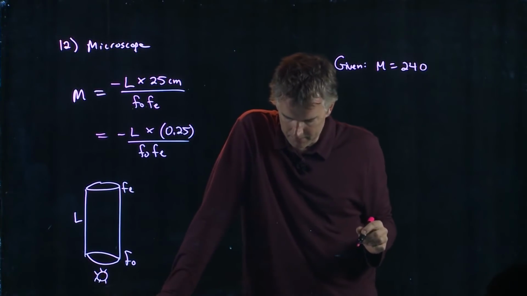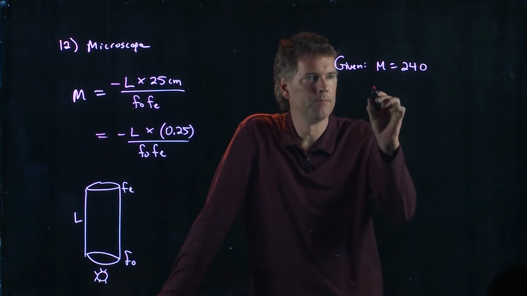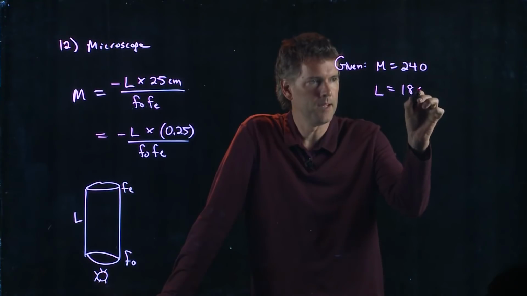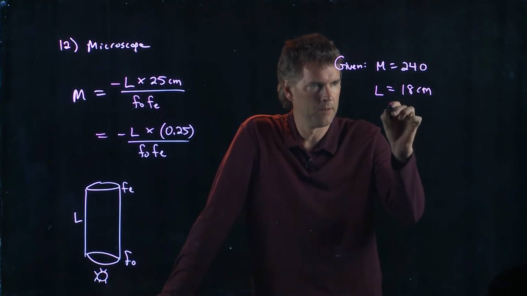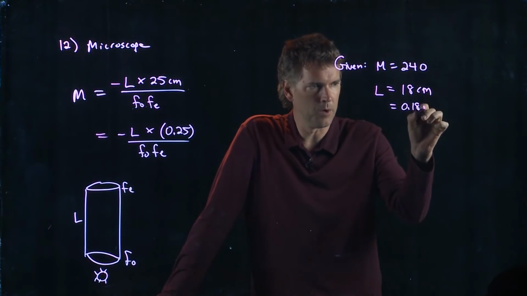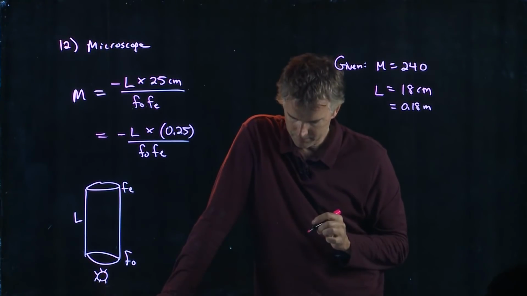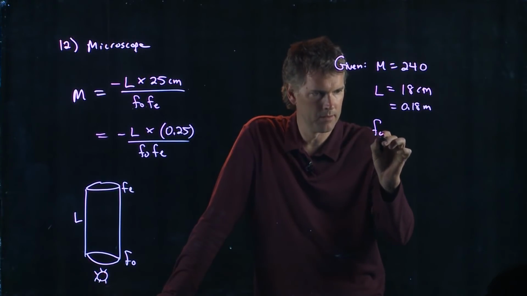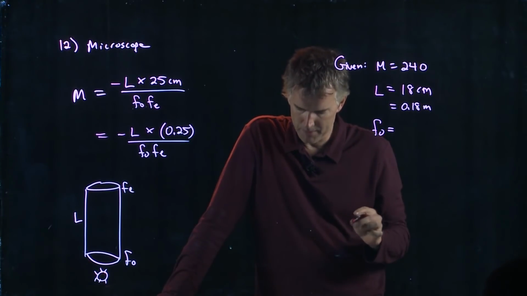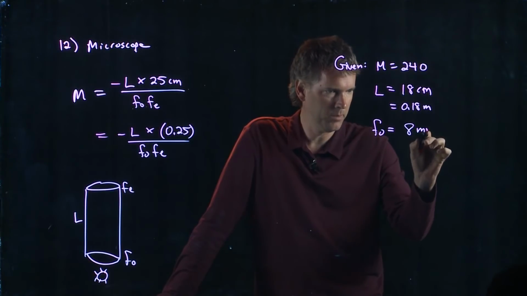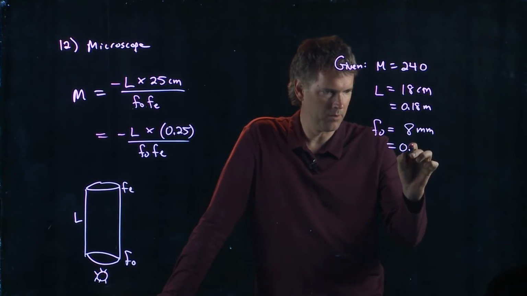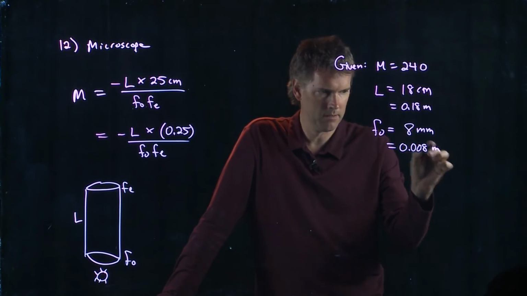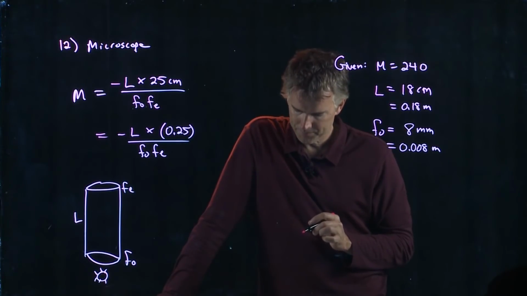They tell us L, 18 centimeters, so that's 0.18 meters. And they also tell us the focal length of the objective. Focal length of the objective is 8 millimeters, which is 0.008 meters.